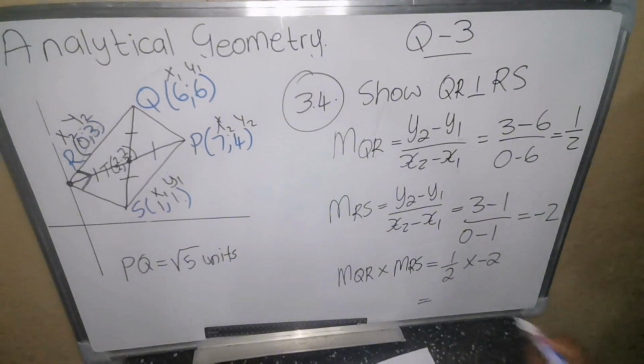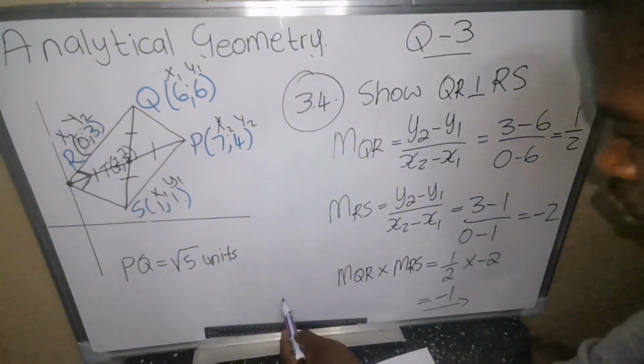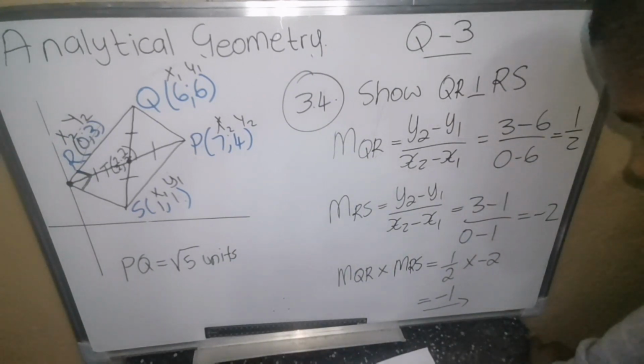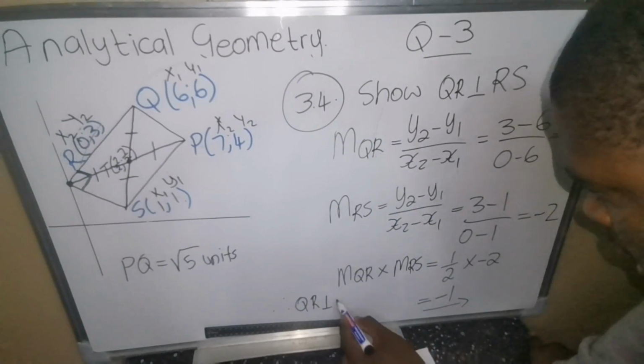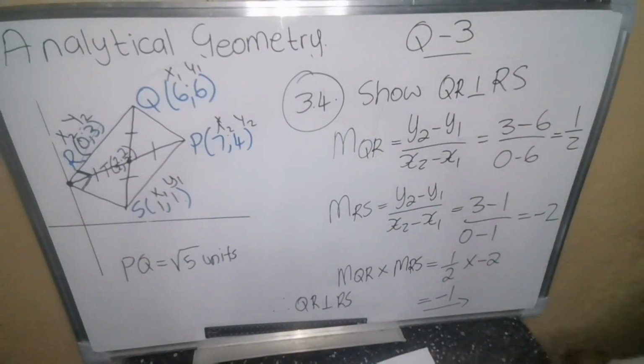One half times -2 is -1. If they give me -1, you therefore conclude that QR is perpendicular to RS, because when you multiply the gradients, they give you -1. That's the aim, basically, guys. I hope we are all clear.